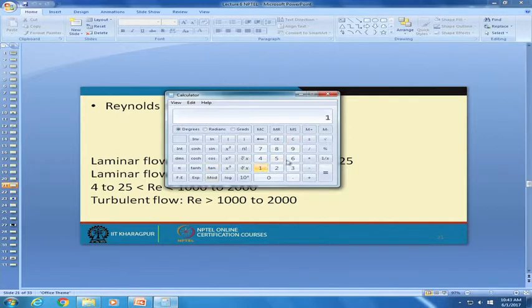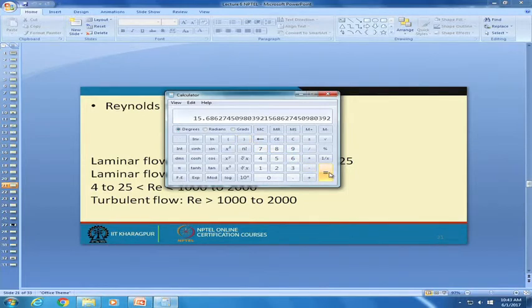So it was 16 into 0.2, right. This is so much divided by 4 into 1.7 into 0.03, right, into 0.03. So it becomes this much.